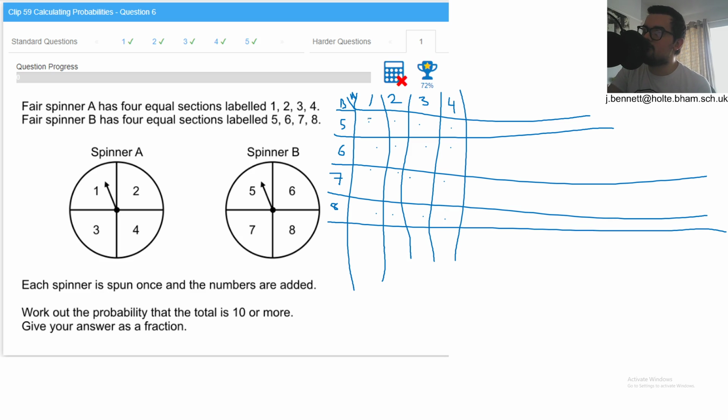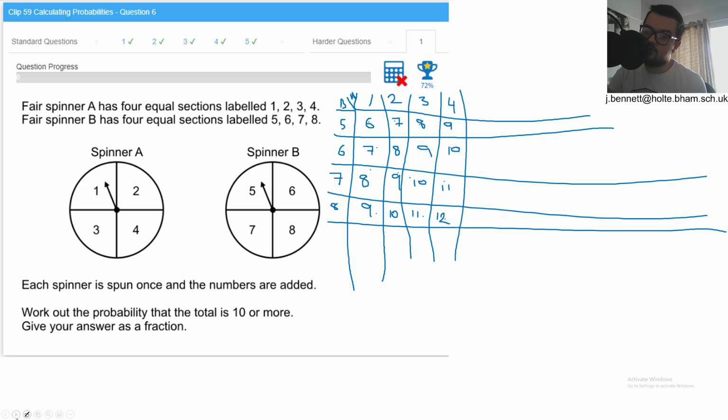So 1 and 5, that's 6. 2 and 5, that's 7. And then it just goes up, 8 and 9. 1 and 6 is 7, 1 and 7 is 8, 1 and 8 is 9. And then you just go through all of these doing the sum. So 8, 9, 10, 9, 10, 11, 10, 11, 12.